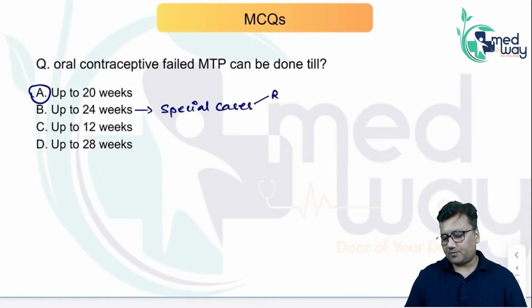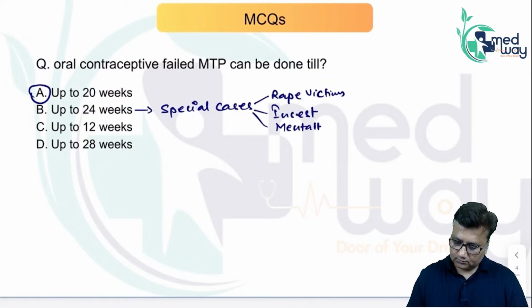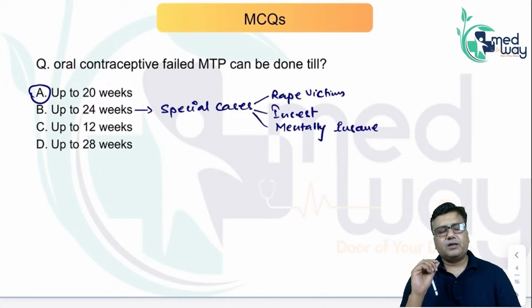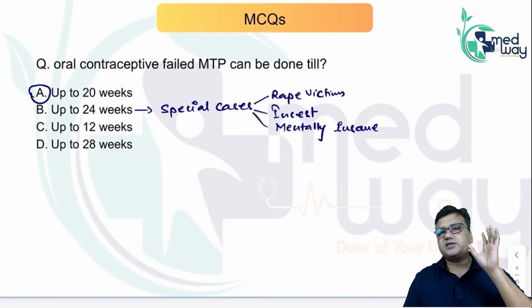Special cases can be rape victims, victims of incest, or mentally insane females, or also victims of sexual assault during any communal violence or civil unrest. So these are special cases.